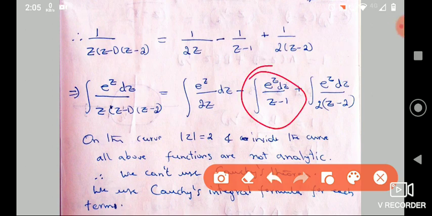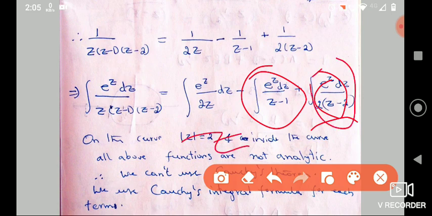The next one, we try to use Cauchy's theorem for this equation. Is this f of z analytic? This f of z is not analytic at z equal to 2, right?